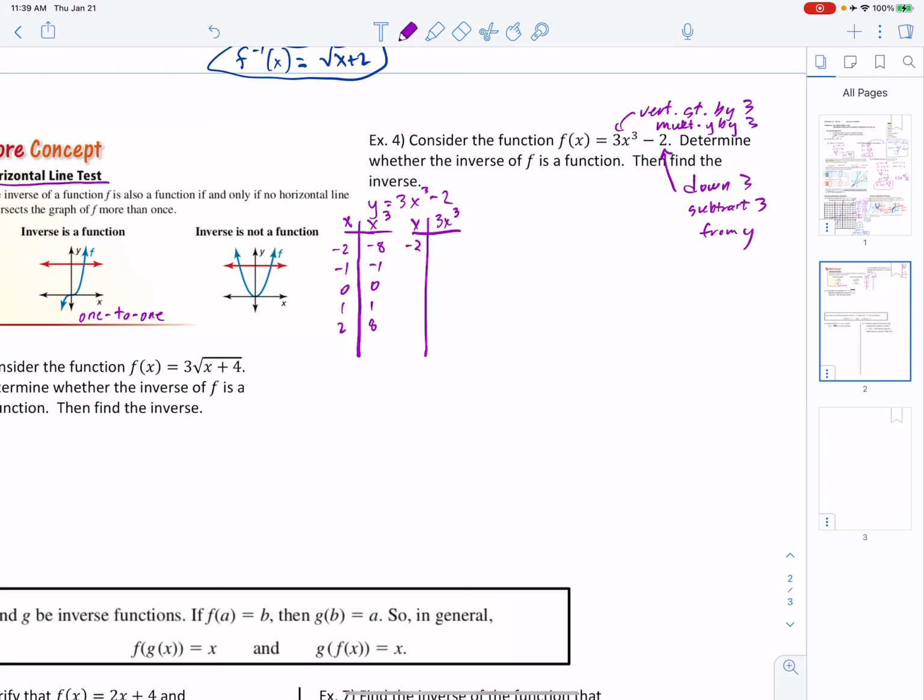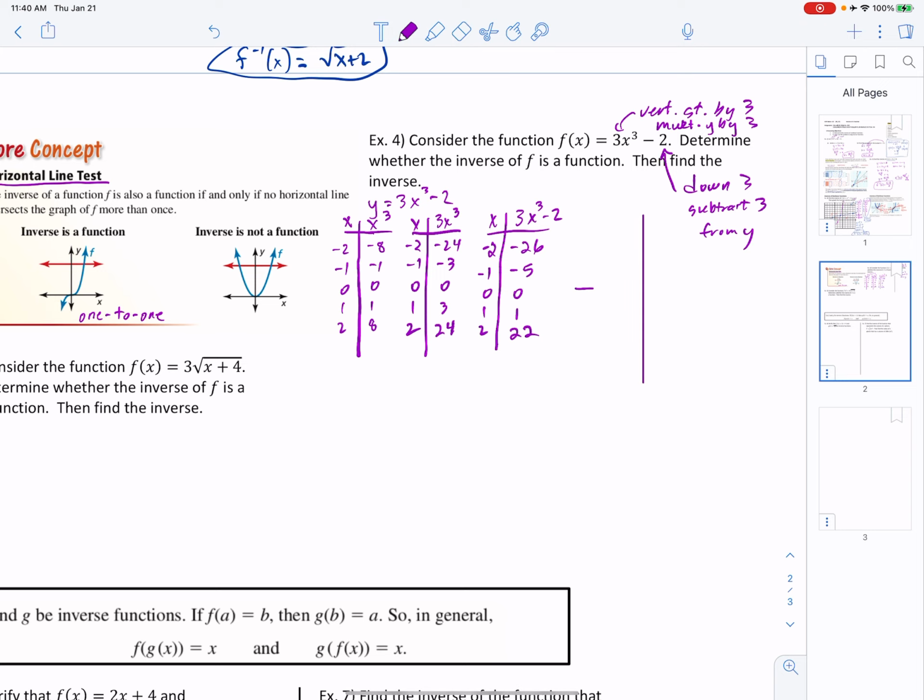So multiply the y's by 3. And then subtract the 2. So my end set of points on this are these. And then graph it and see if that resulting graph passes the horizontal line test.